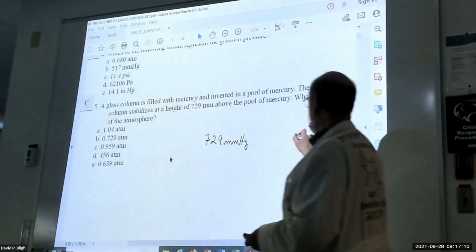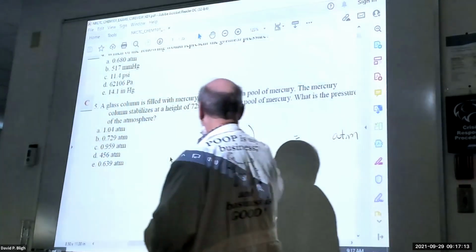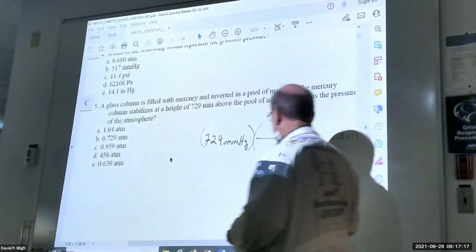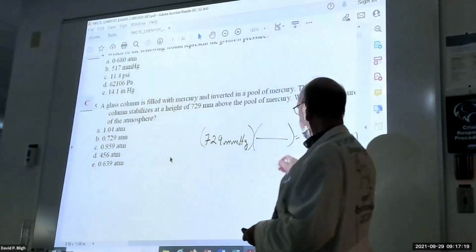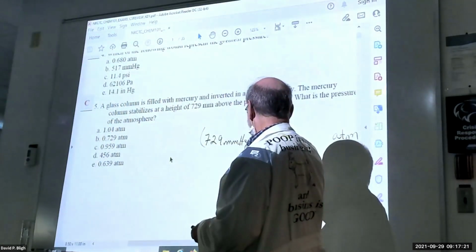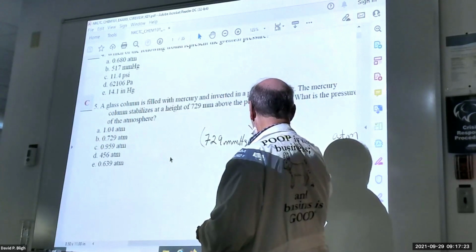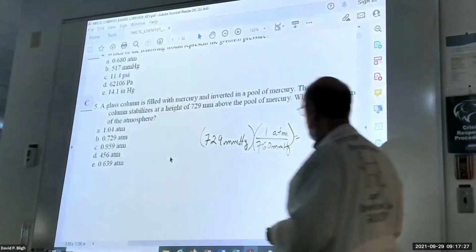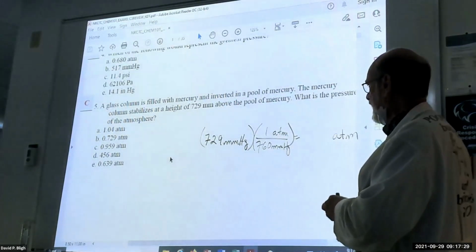So how do we get there? Get a conversion factor. This is simple dimensional analysis. 760 millimeters of mercury is 1 atmosphere. So I'll divide 760 into 729.